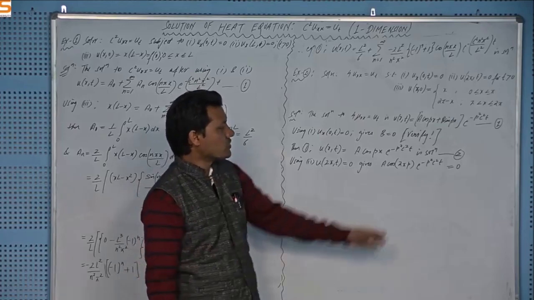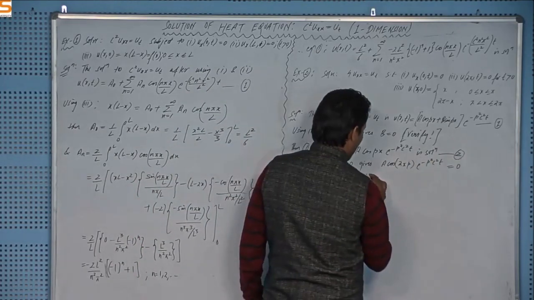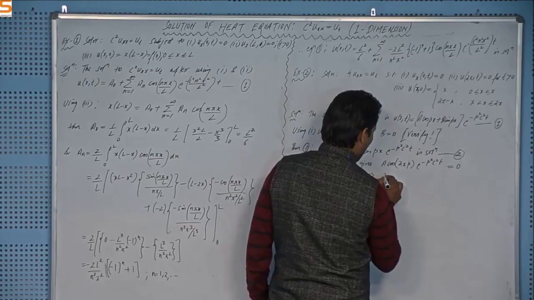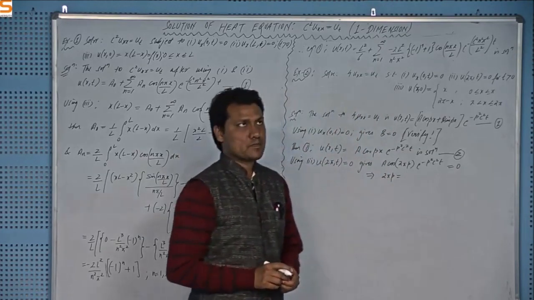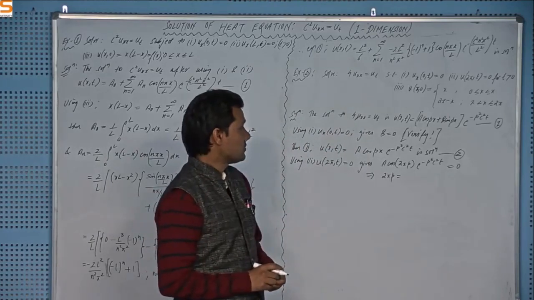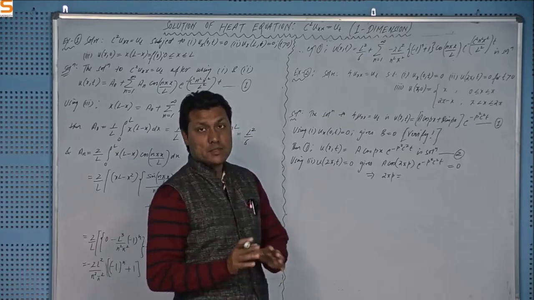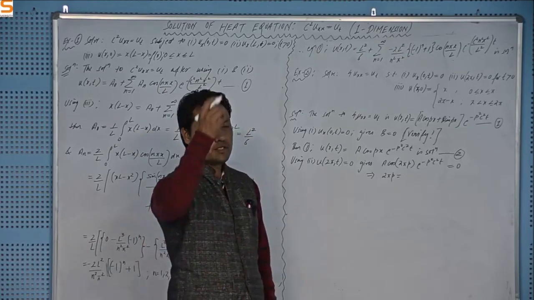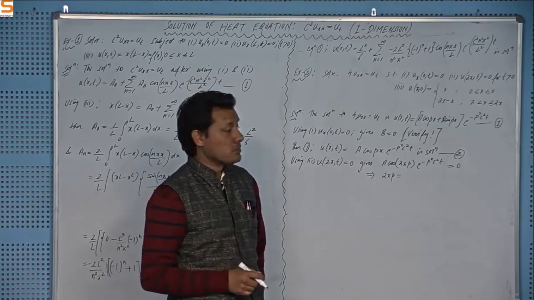Obviously this exponential function cannot become 0. This implies that the cos function is 0 at the odd multiples of pi by 2: pi by 2, 3 pi by 2, 5 pi by 2, 7 pi by 2. Yes, odd multiples of pi by 2.